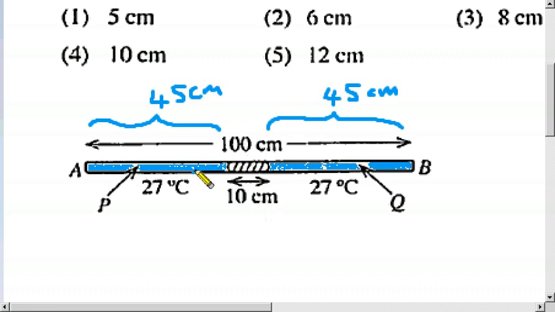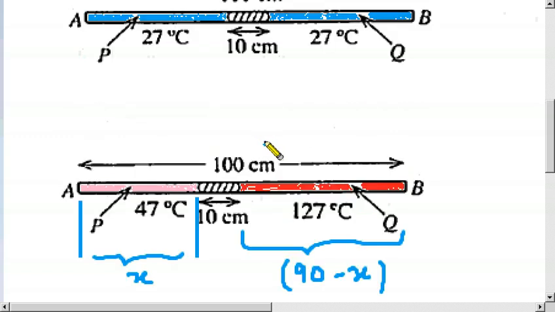So these two air columns must have 90 centimeters altogether. Since the left and right air columns are equal in length, 90 divided by 2, 45 we get.